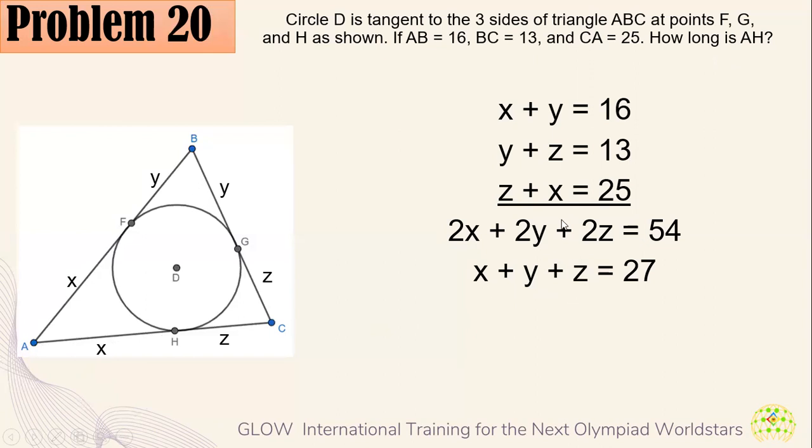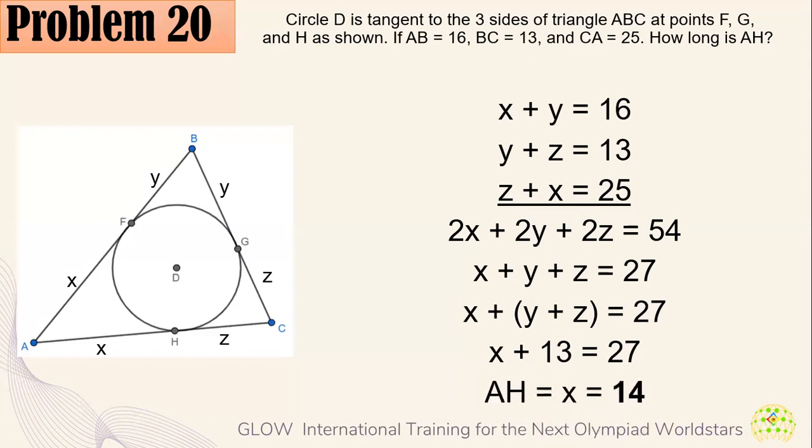But y plus z, based on the representation here, is 13, right? Hence, substituting y plus z with 13, you have x plus 13 equals 27, and that gives you the length of AH, or x, which is 14. So if you answered 14, congratulations, you got it right.